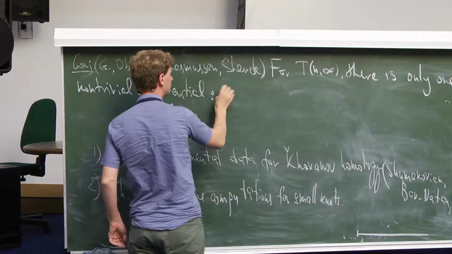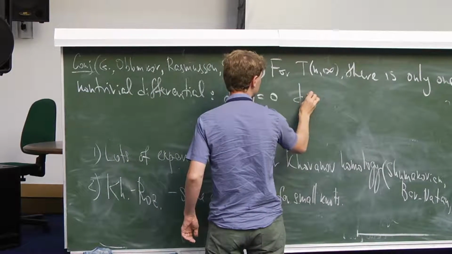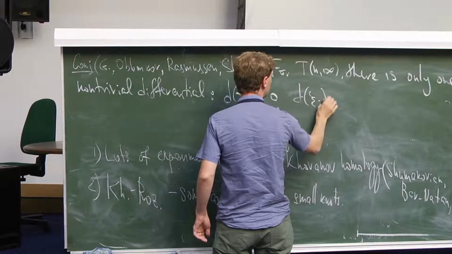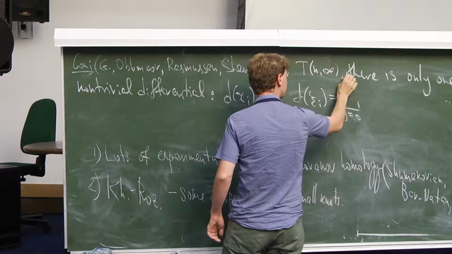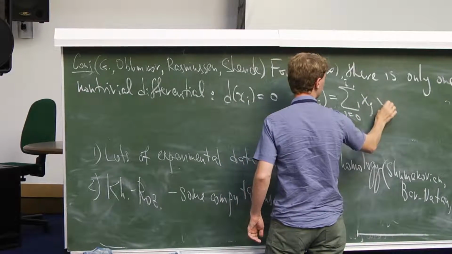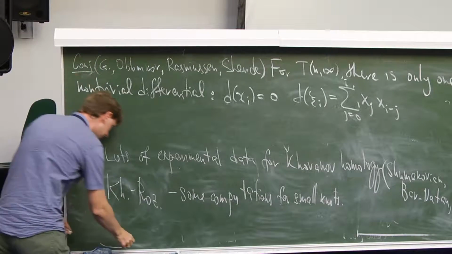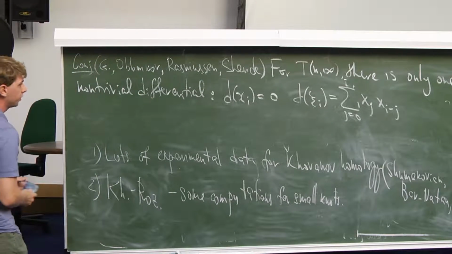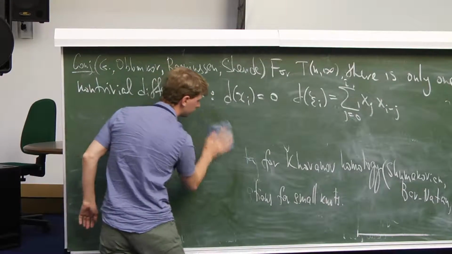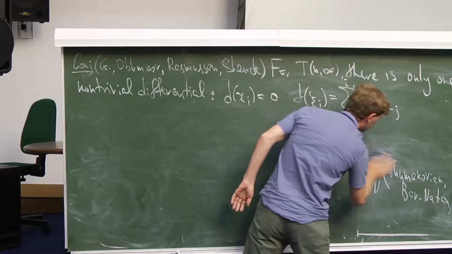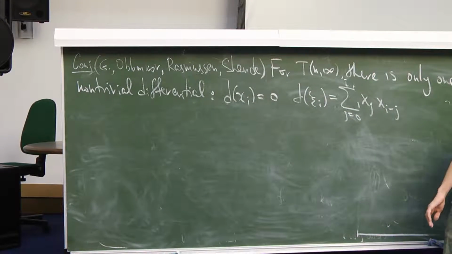and namely the differential of xi is 0 and the differential of psi i is something like the sum over all j from 0 to i of x_j x_{i-j}. So this is also fairly easy, but the surprising thing is that the homology of this differential is very complicated. So we computed this homology and we have some numerical data.